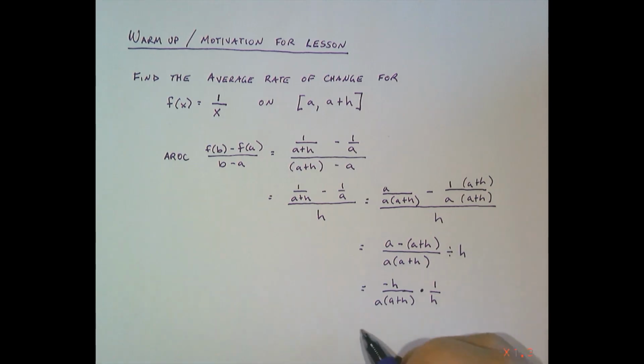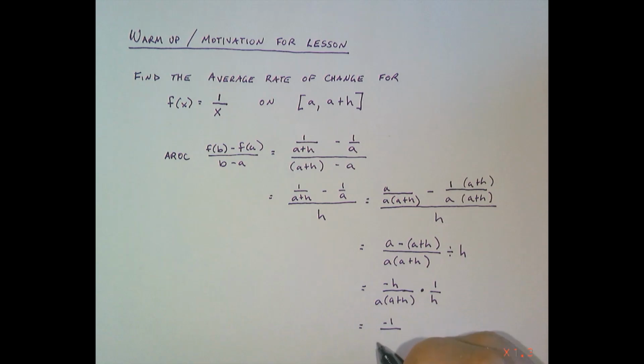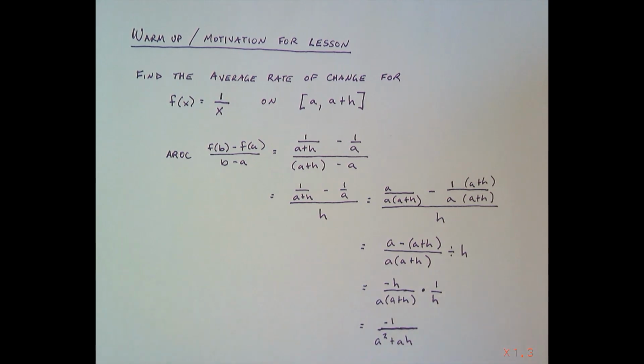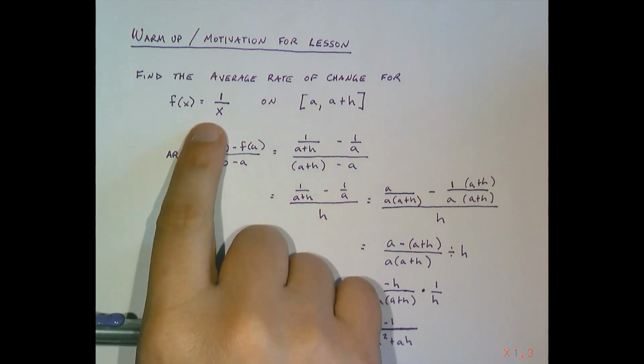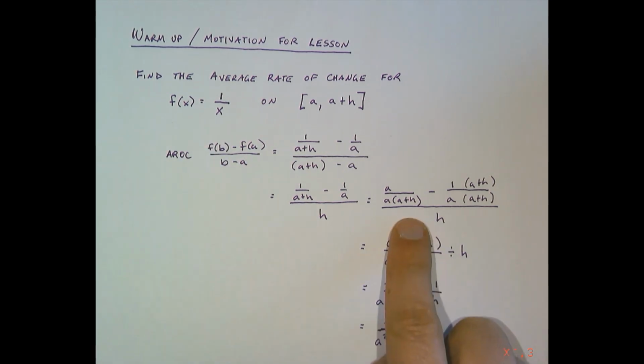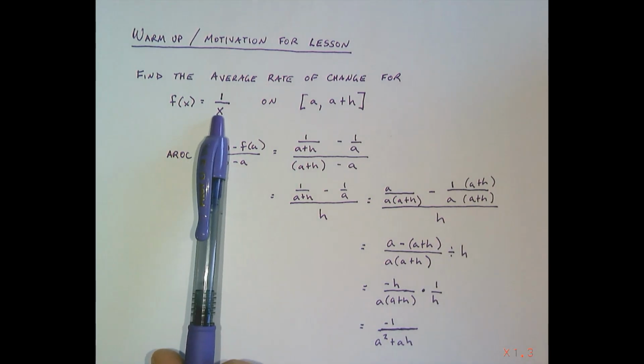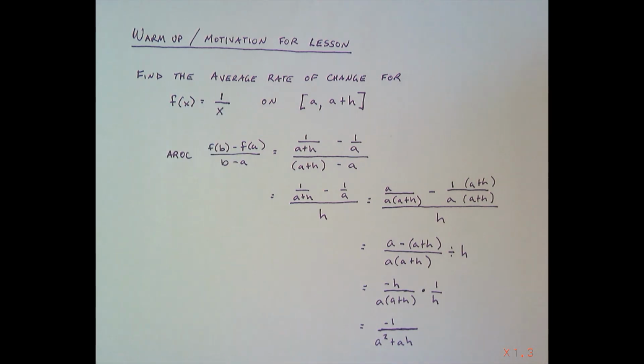And we see h's cancel, and we wind up having the statement negative 1 over a squared plus ah. Now, admittedly, this is a more advanced, or I'd say mid-level, average rate of change problem. We are flexing our algebra skills. And eventually we're going to start to learn some shortcuts to move from this to our desired goal.